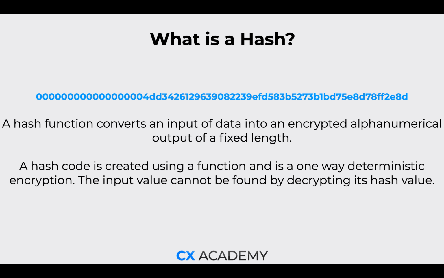If you put in the value 150 and then put in 149, the entire output will change. It's not like one letter will change because one digit changed in the inputs. So we cannot decrypt this. It's simply a hash function, a one-way deterministic encryption. It's not designed to be decrypted.